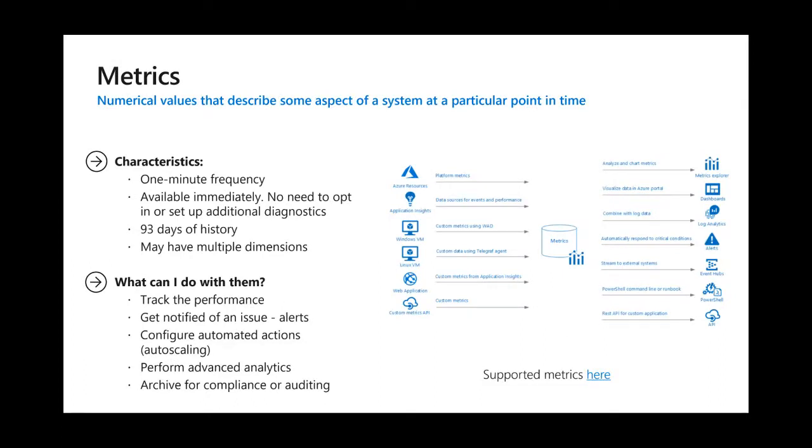You can consider these metrics numerical values that describe the system at a particular point in time. For instance, for sure, you'll want to monitor the CPU. That would be one metric. In terms of characteristics, we are gathering these metrics at a 1 minute frequency.